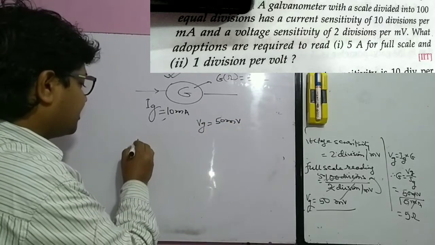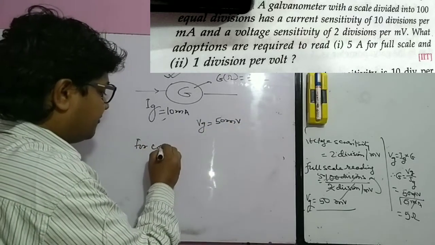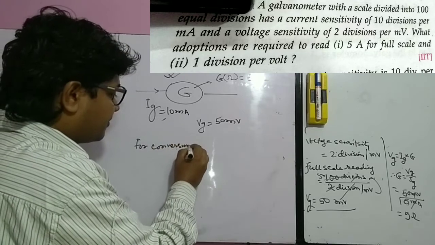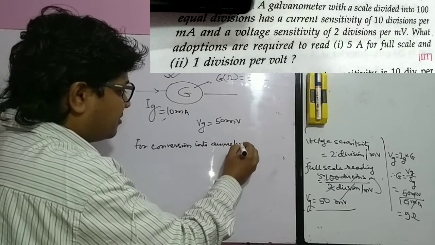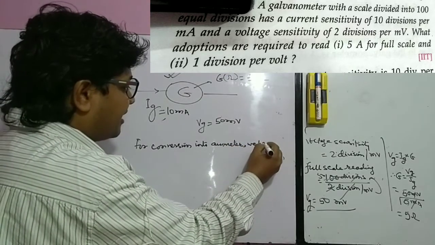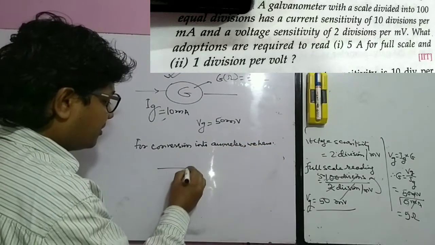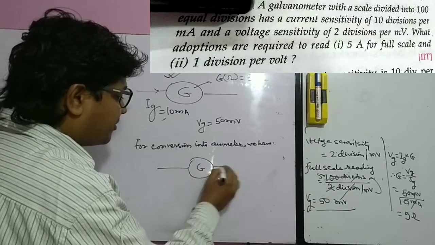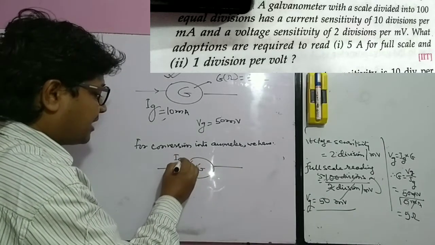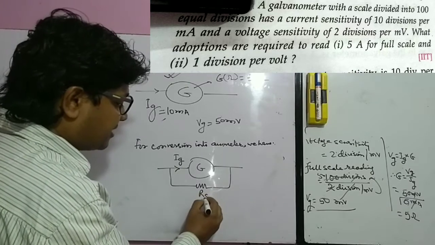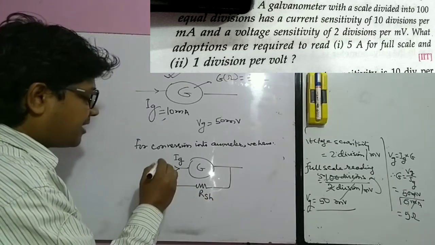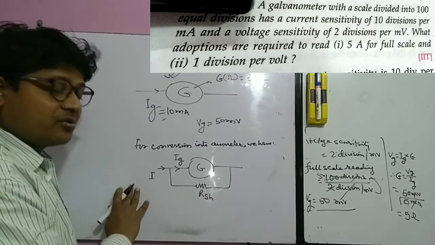So for conversion into ammeter, what we do, this is your galvanometer circuit, this is your galvanometer current, and this is your RSH, and this is the current you want to read now, right?